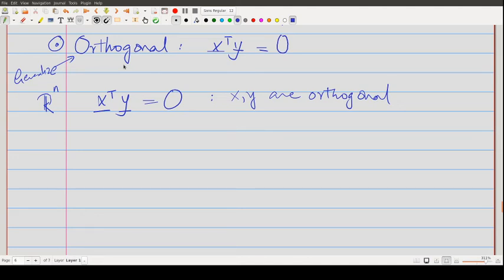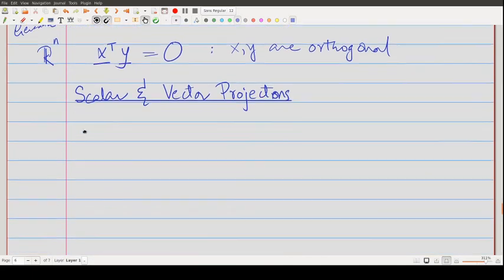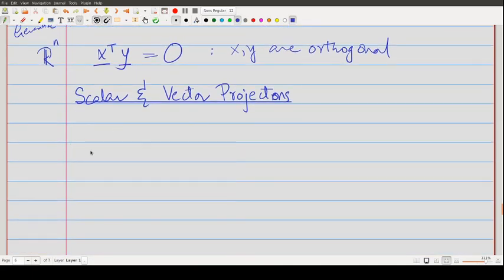So let's just talk about the scalar and vector projections. And the idea is as follows.